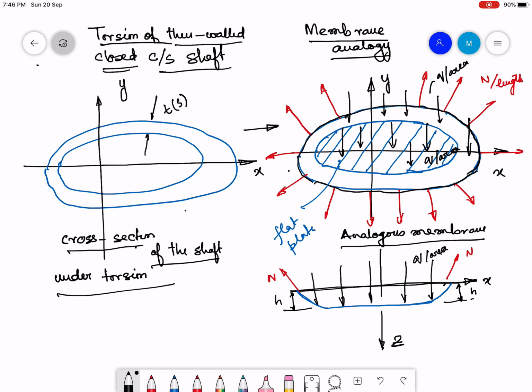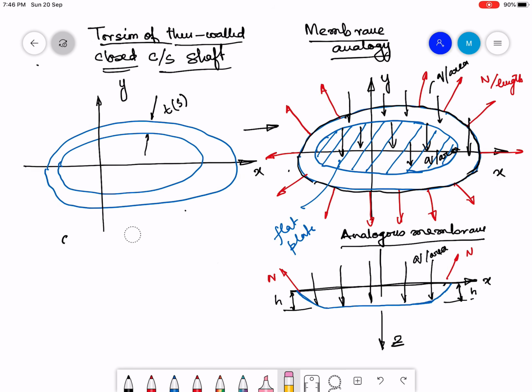Okay, now let us try to understand how the thin wall condition is going to help us. Okay, let us see that. Let me try to draw another figure.